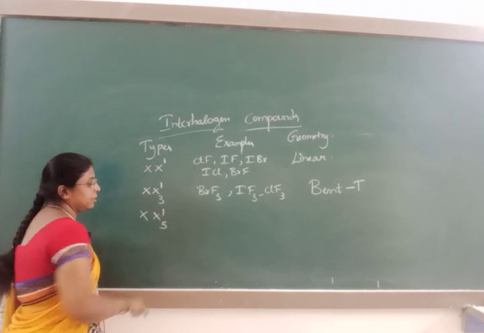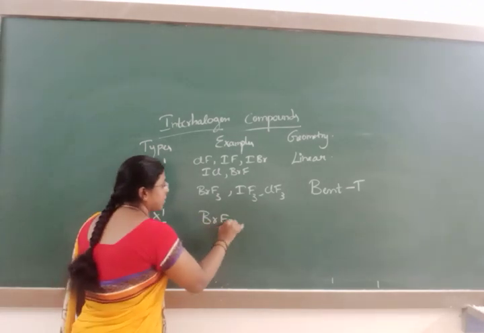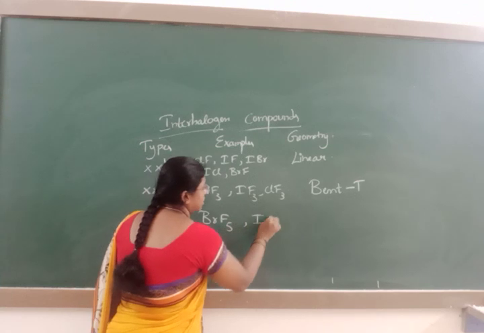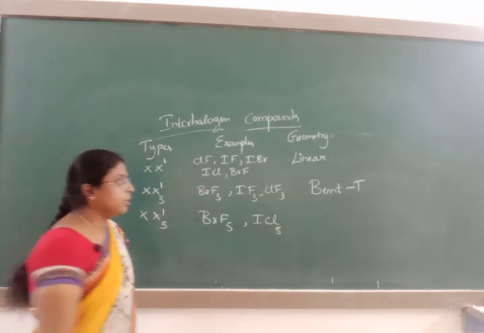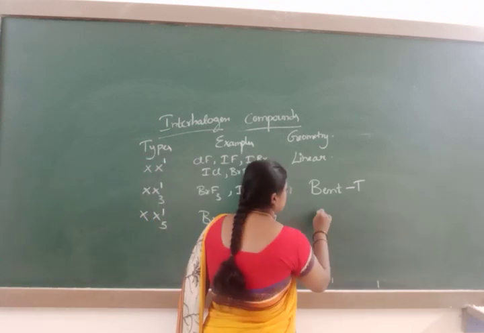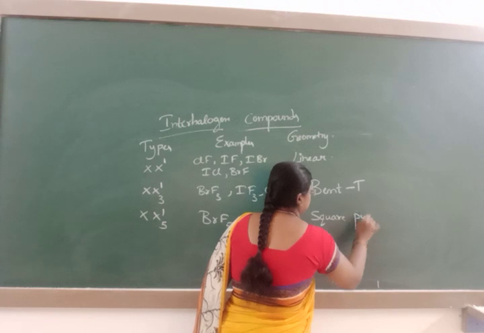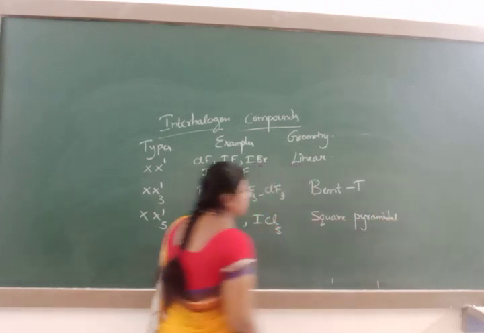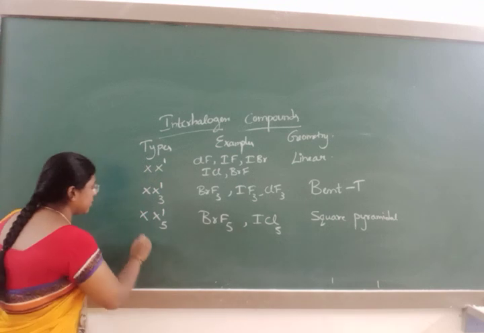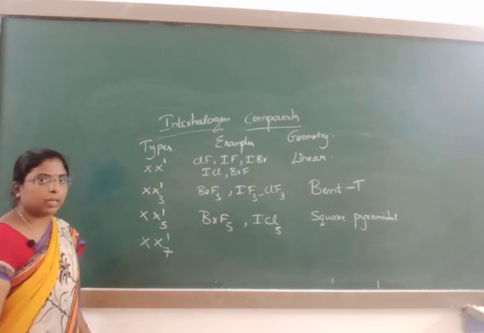XX'5, like BrF5, ICl5. Here the geometry is square pyramidal. XX'7, one example is IF7.